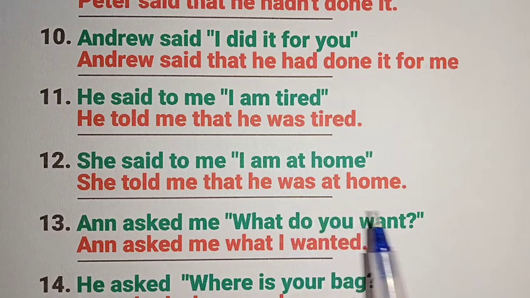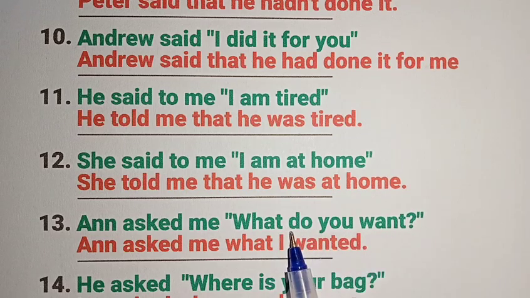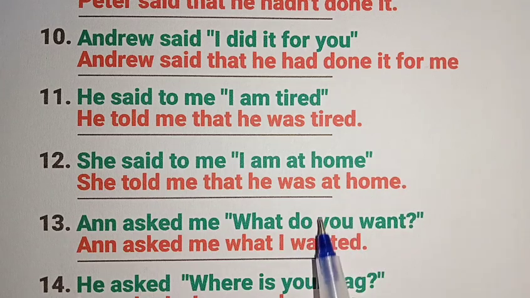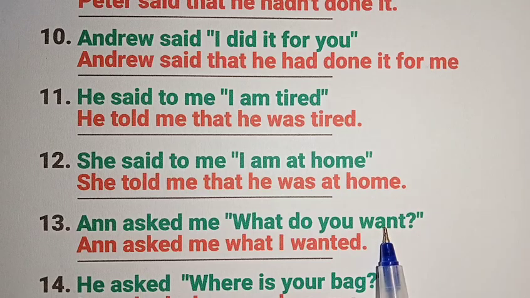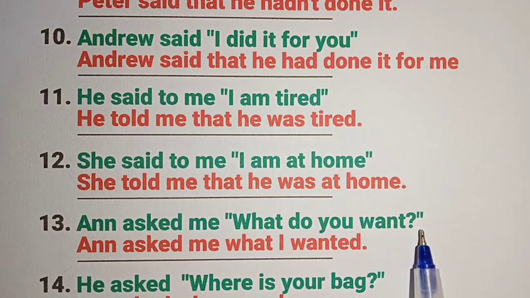So we change this question into a statement. What you want, not what do you want. So what you want, we can also change the pronoun, what I want. Then we change the tense into past tense, what I wanted. And asked me what I wanted.